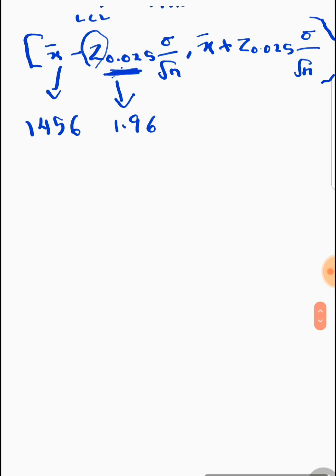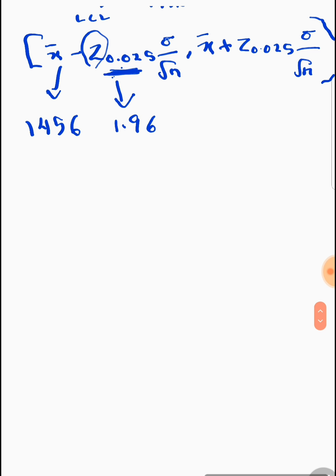Once you have known this, be very careful with z of 0.025, right? Even though you know that it's a 95% confidence level earlier, since it's a normal distribution, the 5% is divided into 2, because you want to take note of the two ends, on the left hand side and the right hand side.